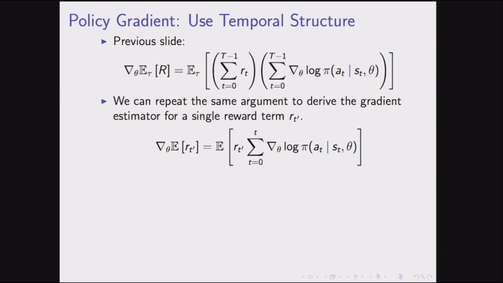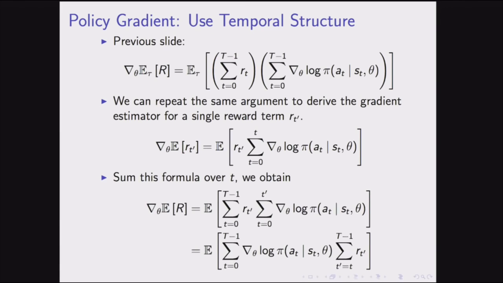We can repeat the same argument from the previous slide to derive the gradient estimator for a single reward term. We end up with that reward term times the grad sum of log probs. Summing over that, we get a new formula where we're not multiplying the grad log prob of the whole thing times the sum of all rewards. Look at that bottom formula.